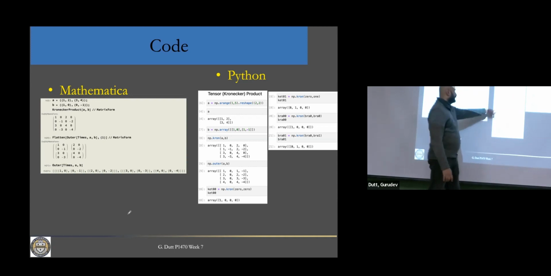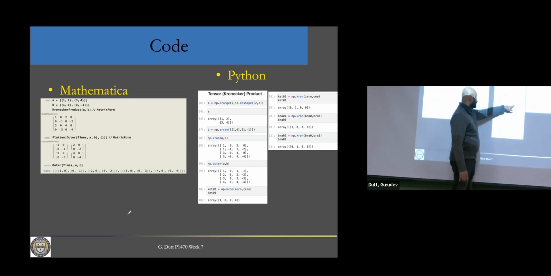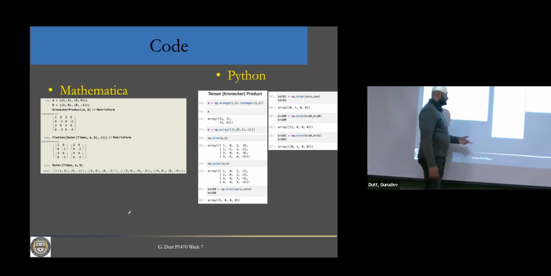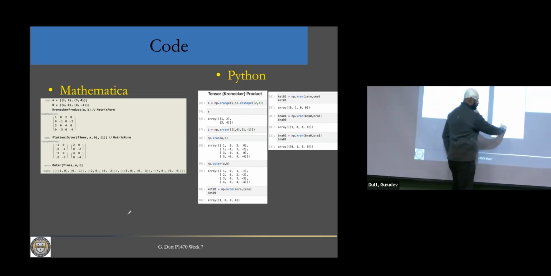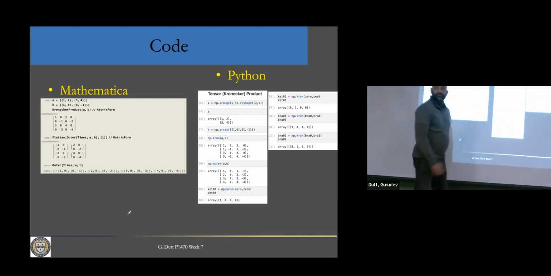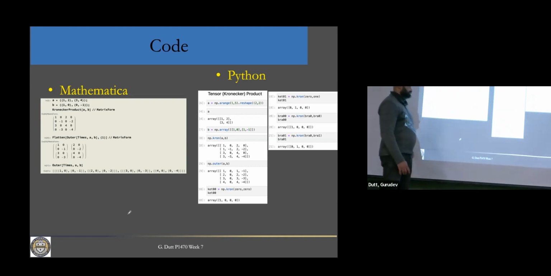It takes 1 and multiplies out this entire matrix, so 1, 0, 1, minus 1, and then 2 times that entire matrix, 2, 0, 2, minus 2, 3, 0, 3, minus 3, 4, 0, 4, minus 4. Whereas if you did the outer product, you get something quite different. That matrix is not the same as the first one.